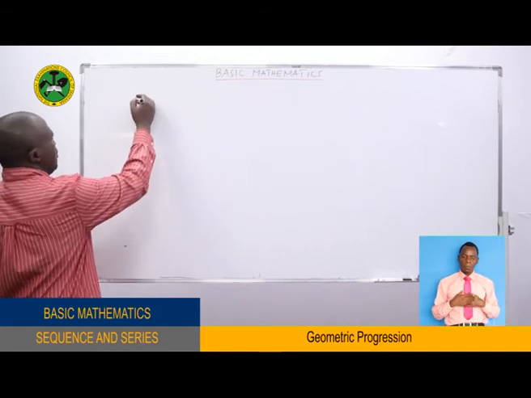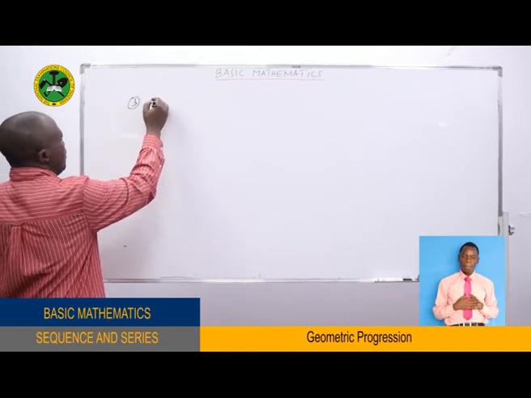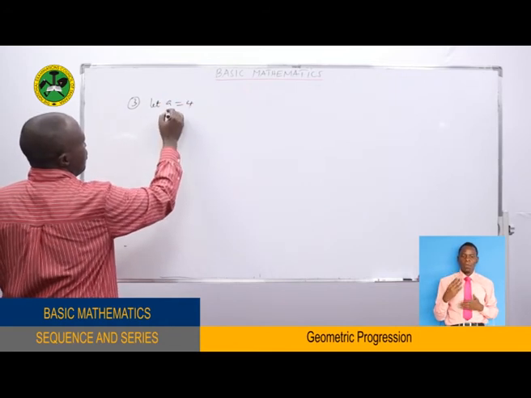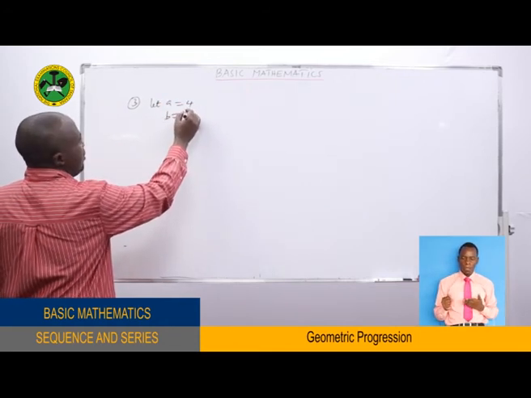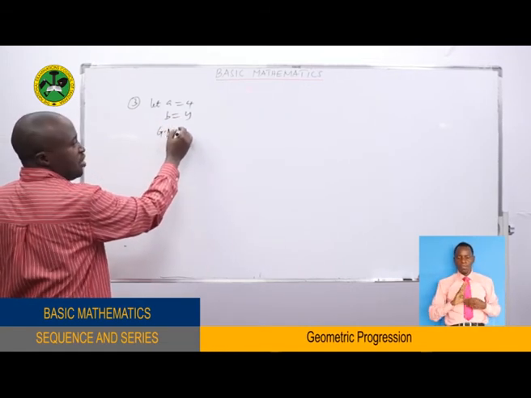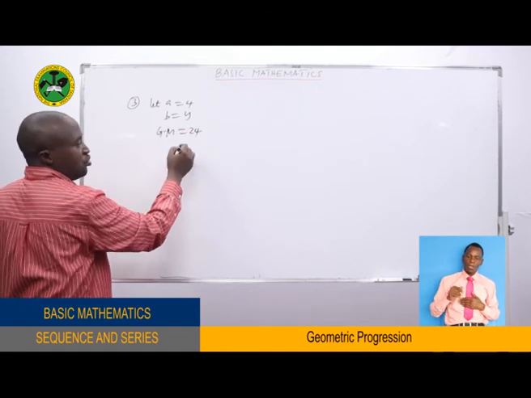So that is number 3. Let a be equal to 4 and b be equal to y. And of course, the geometric mean between 4 and y is equal to 24.